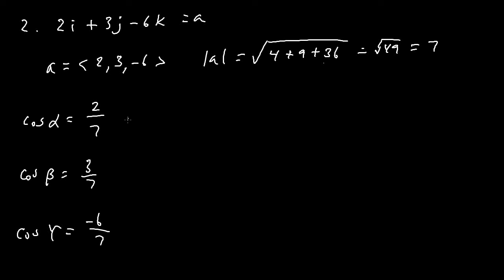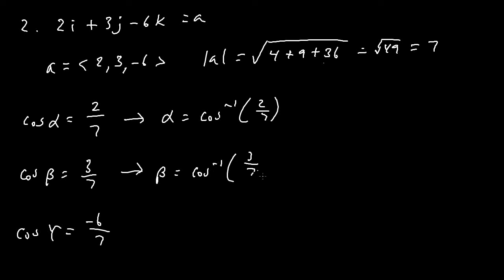Now in order to find the direction angles, let's isolate alpha. So that is going to equal the inverse cosine of 2 over 7. I'm just going to write the formulas for all of them. Beta is going to equal the inverse cosine of 3 over 7. And then gamma is going to equal the inverse cosine of negative 6 over 7.